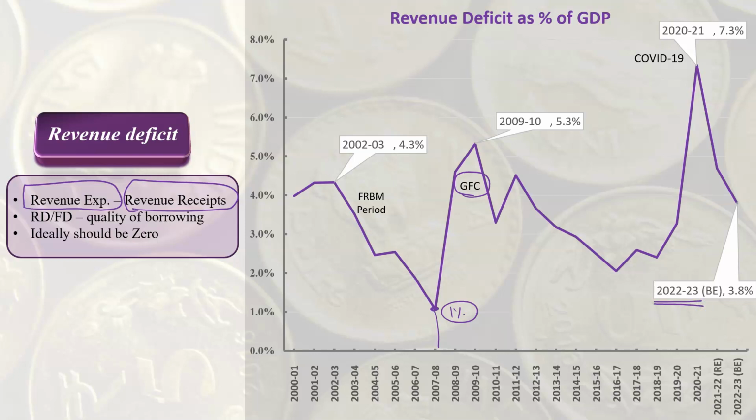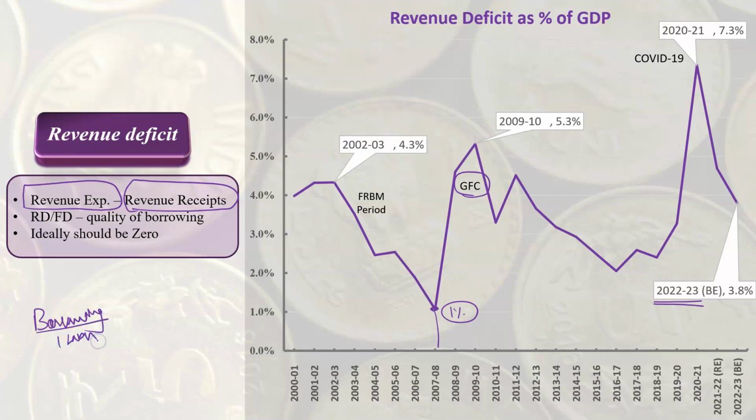Now this concept here is that one of the ratios that an economist, or an economics student, should watch out for is the ratio of revenue deficit to fiscal deficit. Now, you are borrowing, that is not a problem. Suppose you are borrowing some money, say 1 lakh rupees.